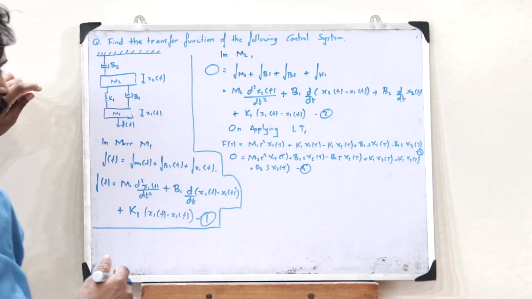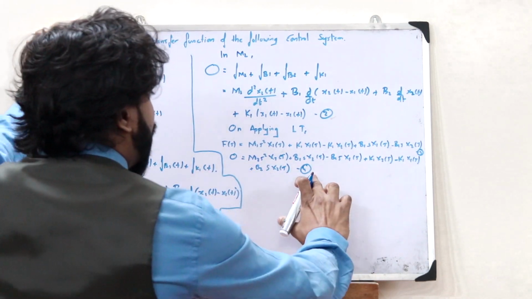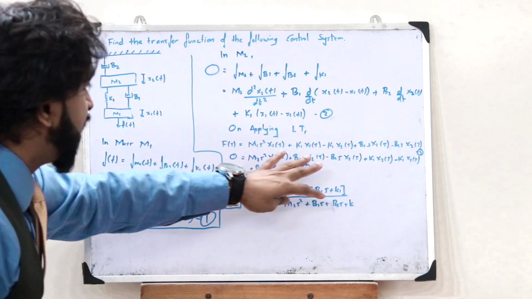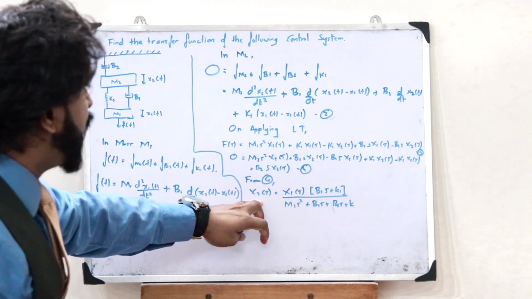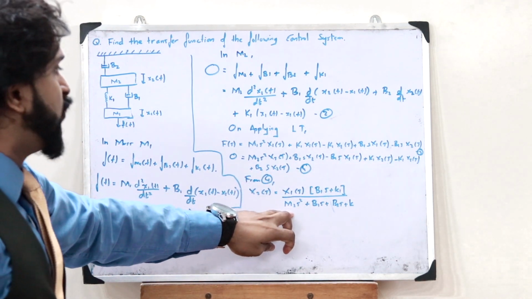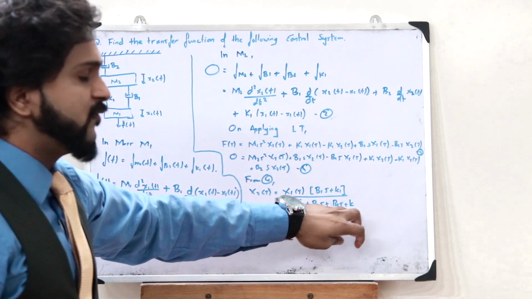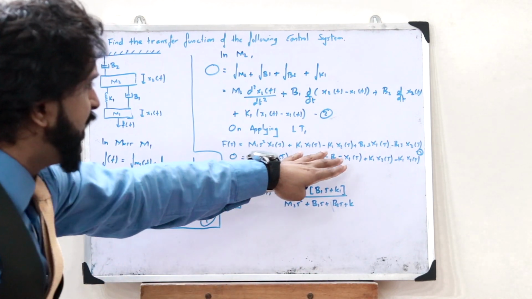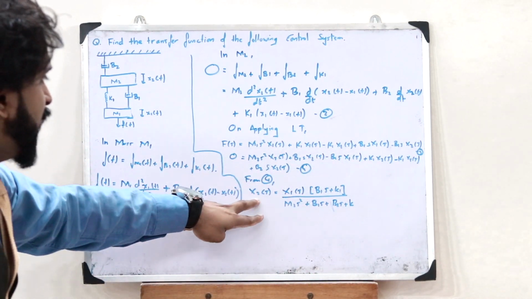So from equation number 4, on rearranging this, we would get X2 of s is equal to X1 of s into (b1 s plus k1) divided by (m2 s squared plus b1 s plus b2 s plus k1). So that is simply by rearranging this and obtaining the value of X2 of s.